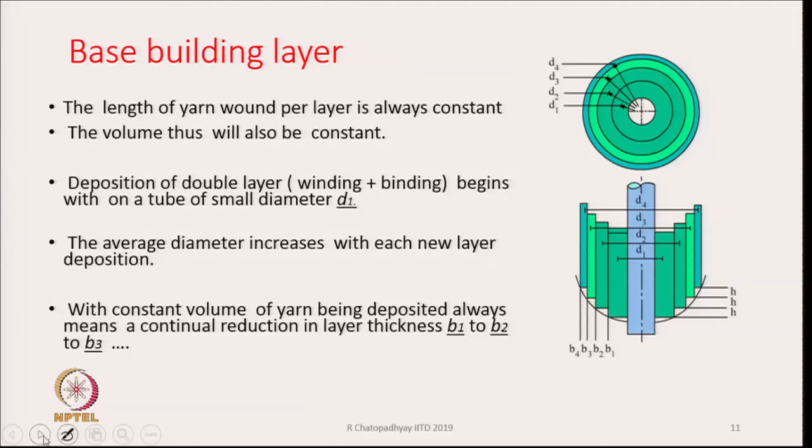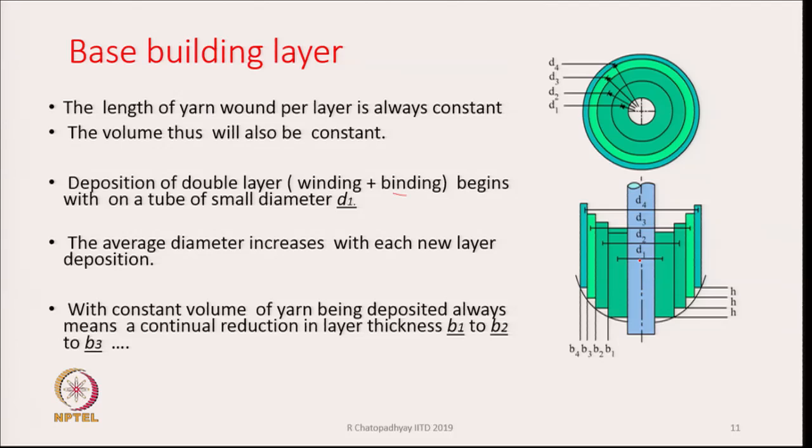Now, deposition of the double layer, that is winding and binding layer, begins on a tube of small diameter D1. First, we start on a tube of small diameter. Now, the average diameter increases with each new layer deposition.